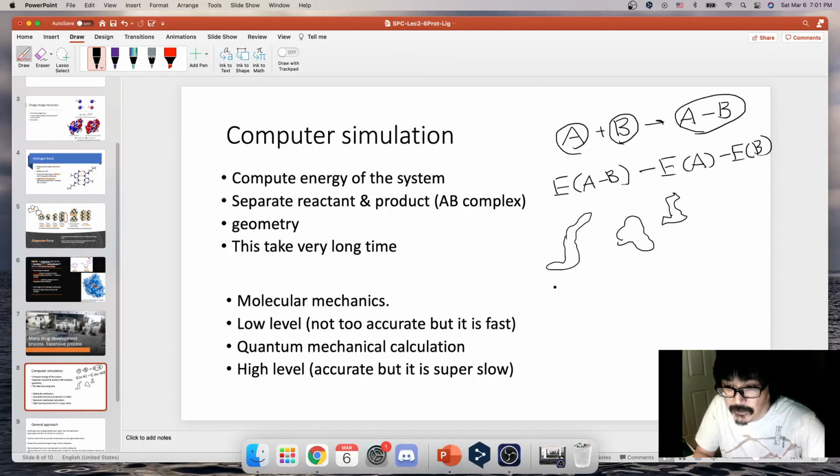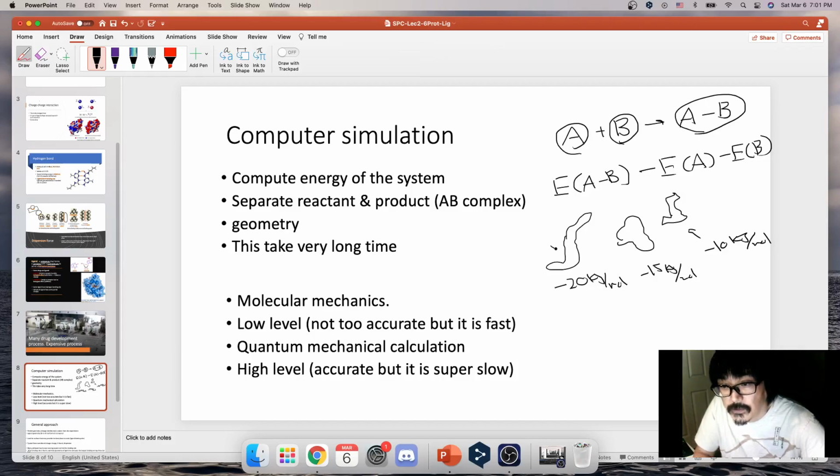This may be negative 20 kilojoules per mole, and then this one may be negative 15 kilojoules per mole, or maybe this one right here is negative 10 kilojoules per mole, right? By calculating each individual molecule, I know that the lowest energy structure wins.